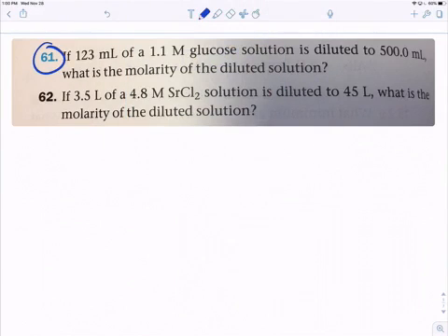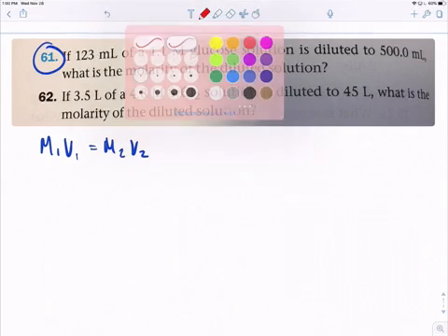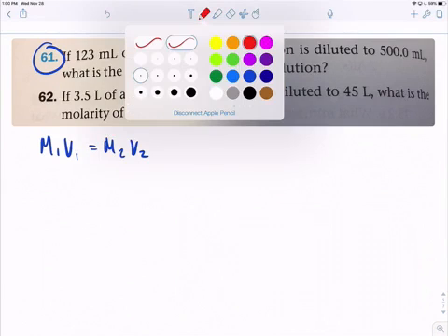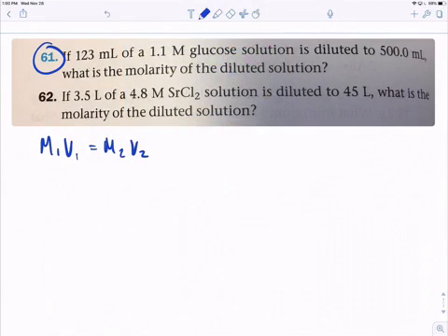Okay, so for these ones, I'll use the equation M1V1 equals M2V2, or some places list it as C1V1 equals C2V2. So with M or C, whichever one you prefer.